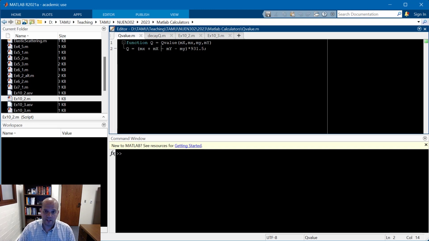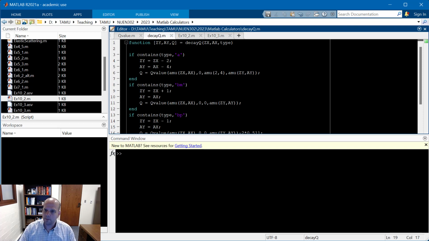Now I have another function, this AMU lookup function, that I can express each of these inputs in terms of their number of protons and number of nucleons, the Z and the A, and that's typically how you would extract information from a chart of nuclides anyway. And so what I've done here is create myself a function where I can do just that.